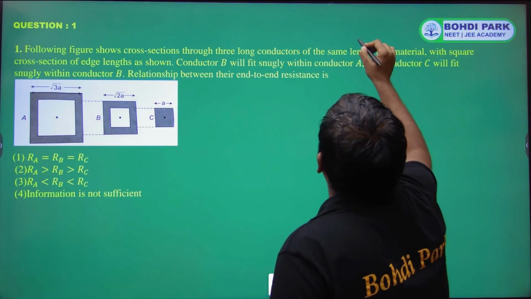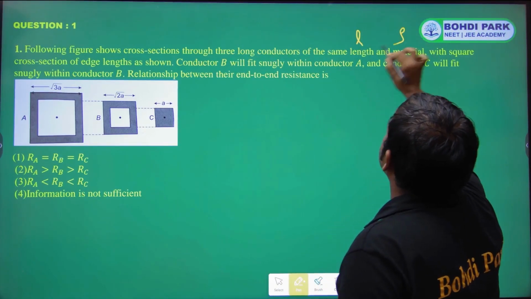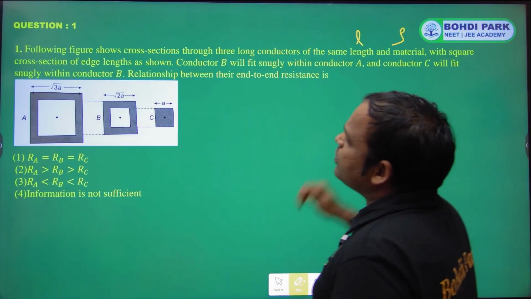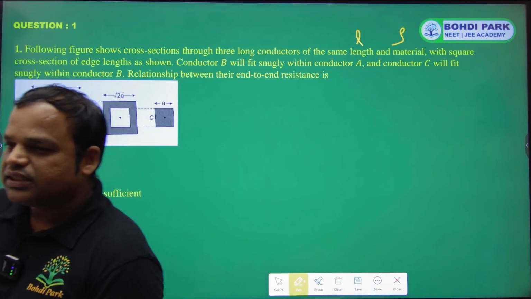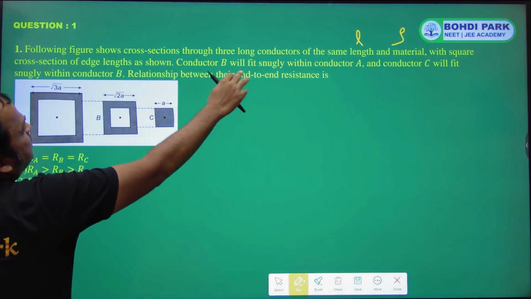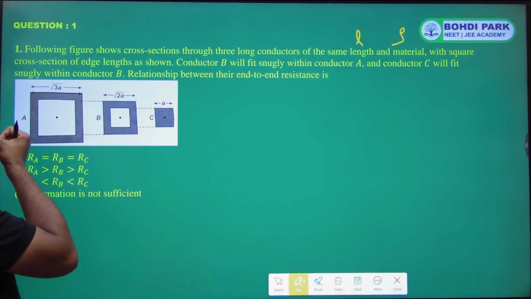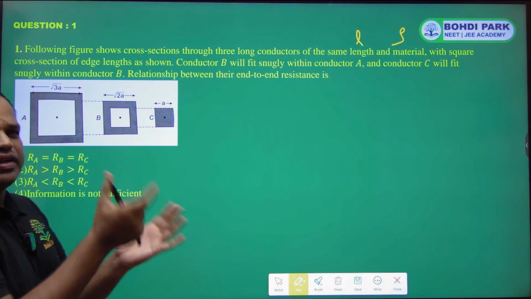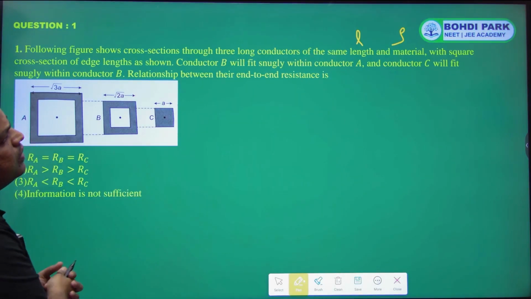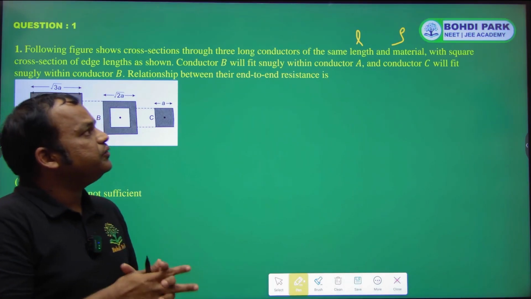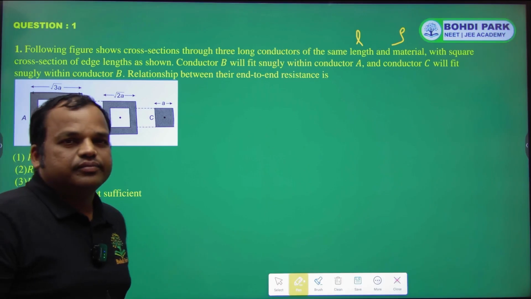Material and length are the same, meaning resistivity is the same, with a square cross section of edge lengths as shown. Conductor B will fit snugly within conductor A, meaning it will fit perfectly, and similarly conductor C will perfectly fit within B. What is the relationship between their end to end resistance?